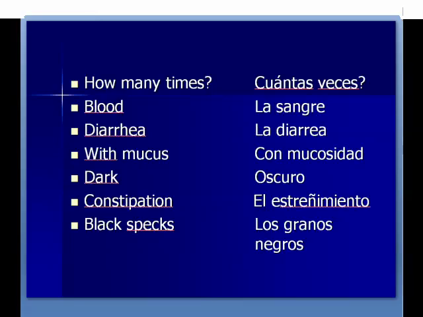Oscuro. Constipation. El estreñimiento. Black specks. Los granos negros.